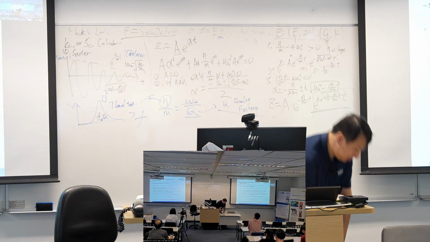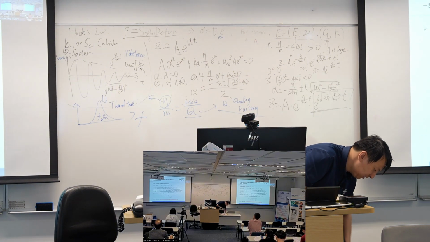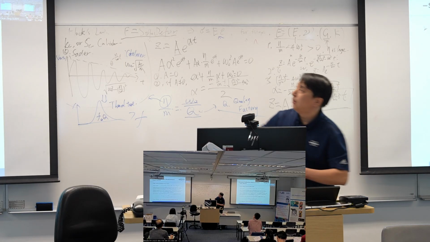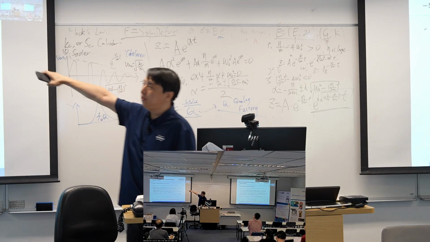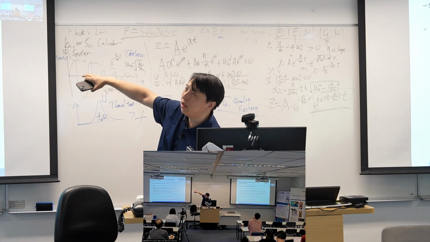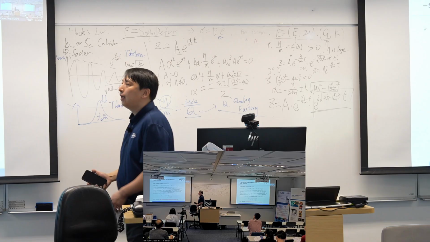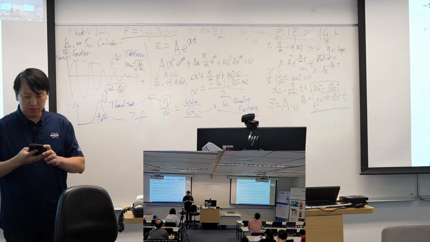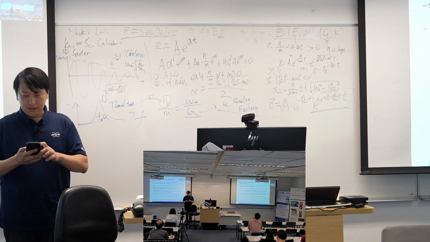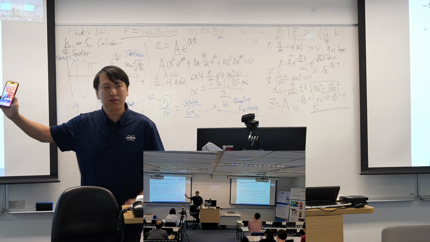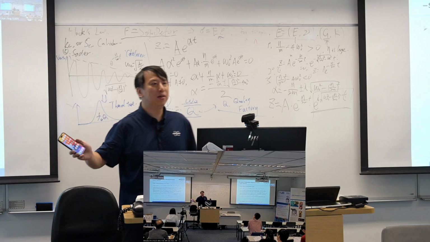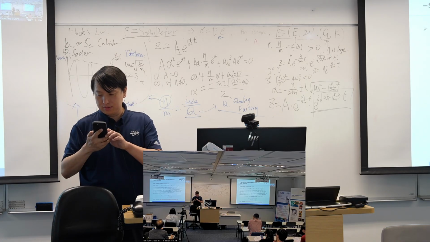This third method, Professor Sader developed around the year 2000. And I think in 2010 or sometime, he developed his own application. This application is on iOS only, and you can search for it.